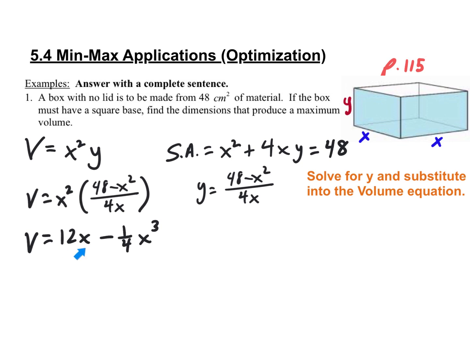So what do I do now? Now that I've simplified this as best as I can, what should I do? Find the derivative, absolutely. Find the derivative of the volume. So go ahead and do that. Actually, not yet. Sorry.